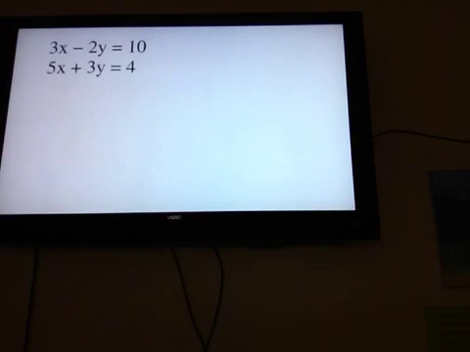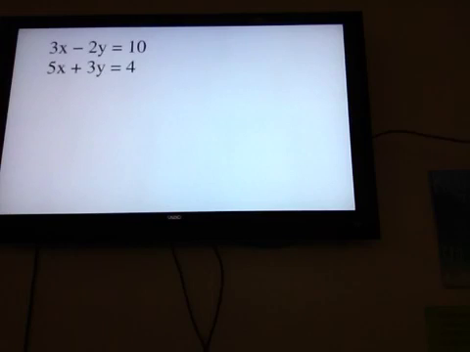Okay, so when I'm looking at this, Caroline Clarkson, which variable would you choose to be eliminated? The X. Why would you choose the X? Any reason? You like X. Okay, so if you're going to choose X then, what am I going to make those numbers?